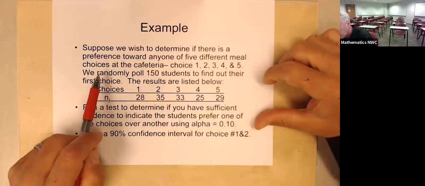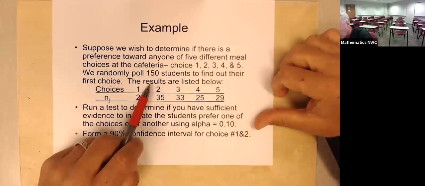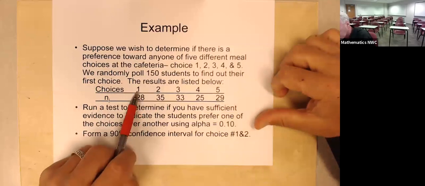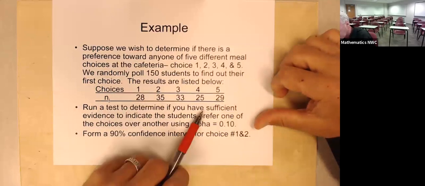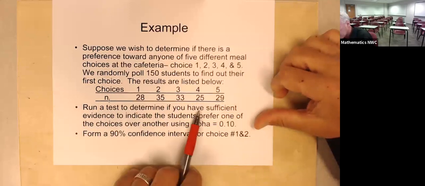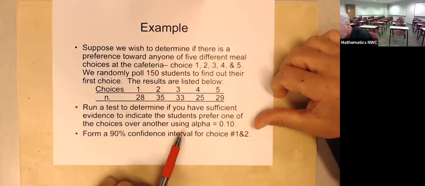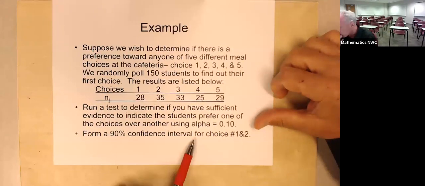Choice 1, 28 people out of the 150 chose that meal choice. 35 out of 150 chose 2, 33 out of 150 chose 3, etc. Run the test to determine if I have sufficient evidence to indicate the students prefer one of the choices over another. Alpha 10%, kind of low. And then we're going to do a 90% confidence interval. Okay, well, here we go.